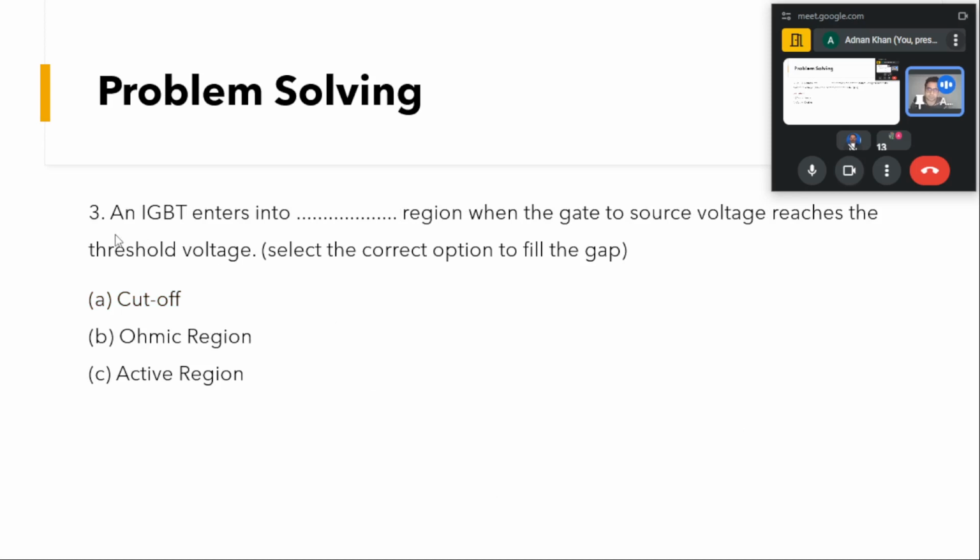Now it comes to the third question. An IGBT enters into dash region when the gate to source voltage reaches the threshold voltage. Can anybody answer? Cutoff region, ohmic region, and active region.